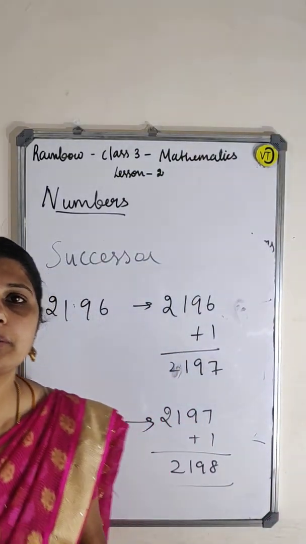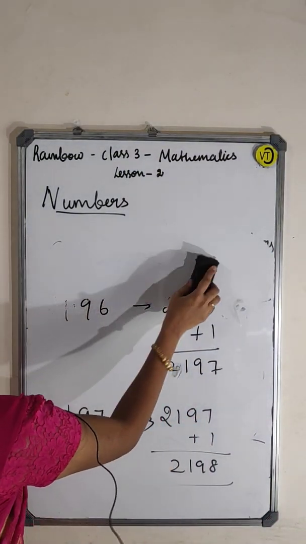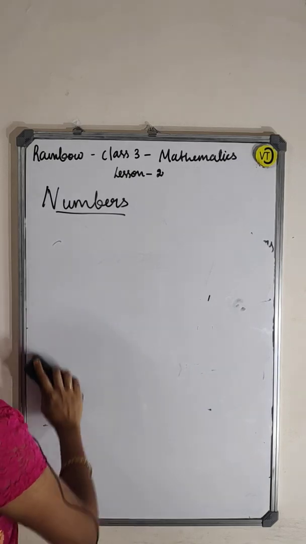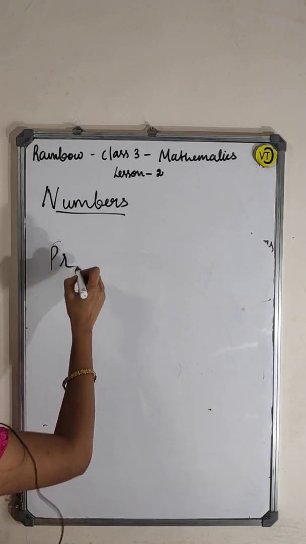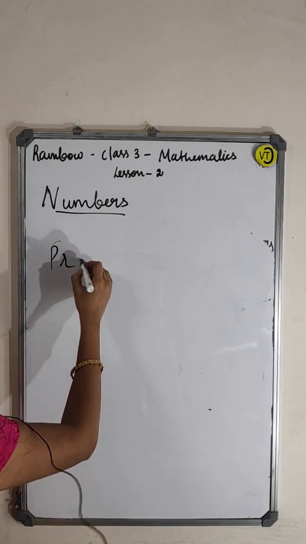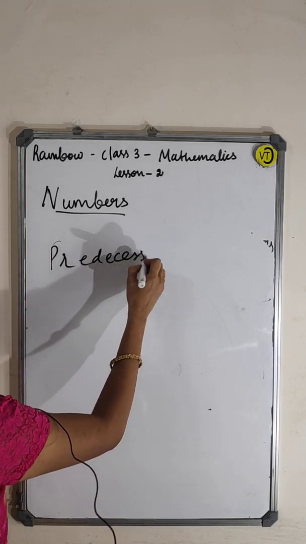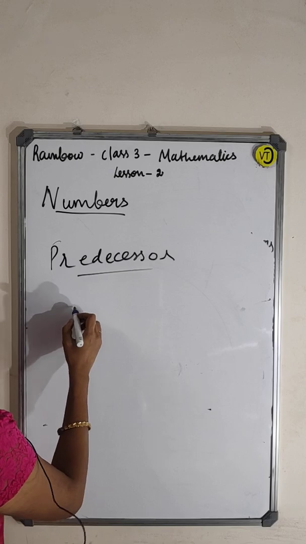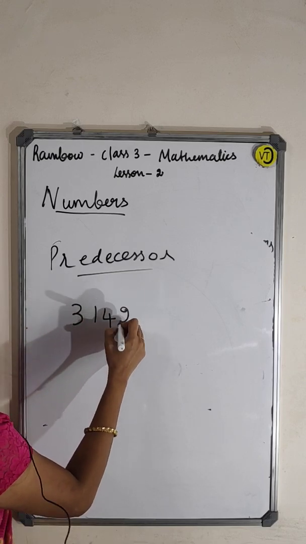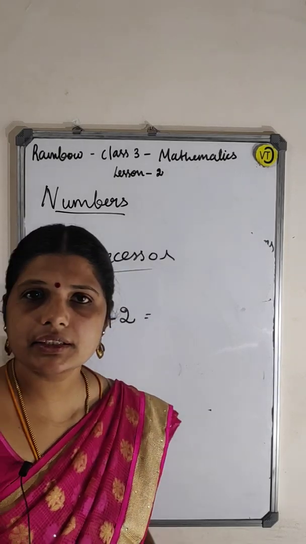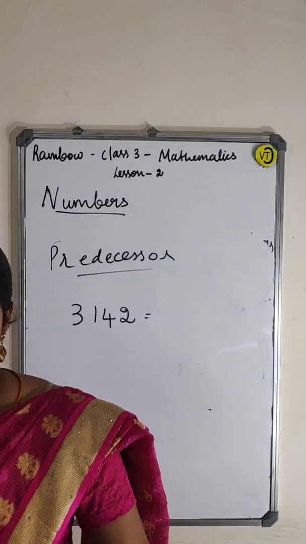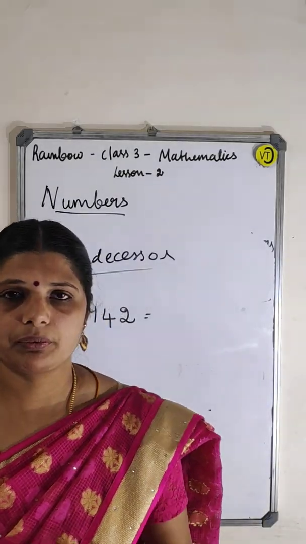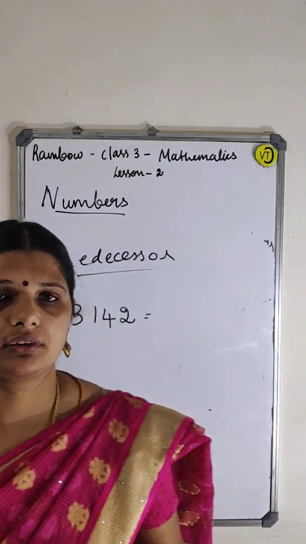Right? Then what is meant by predecessor? Now 3142. The predecessor of this one, as I told, predecessor means just before, means subtracted by 1.